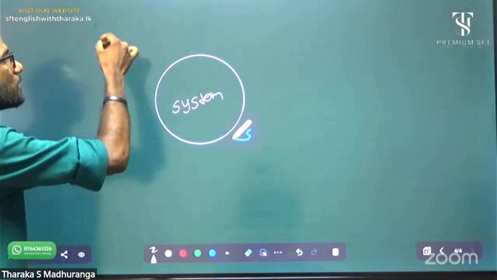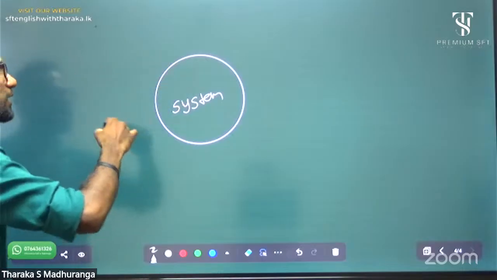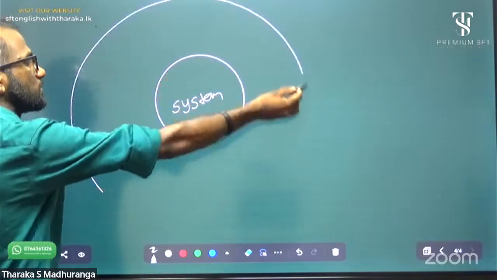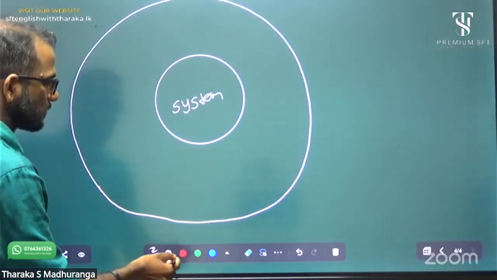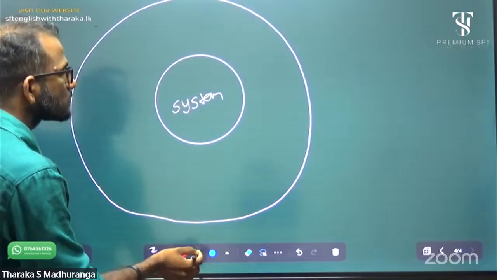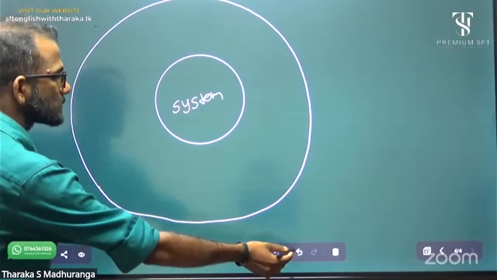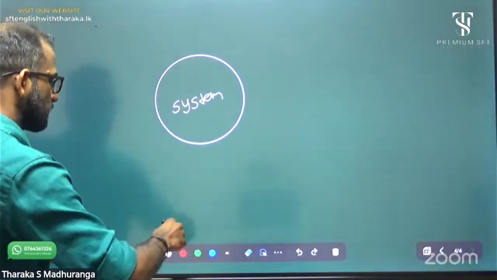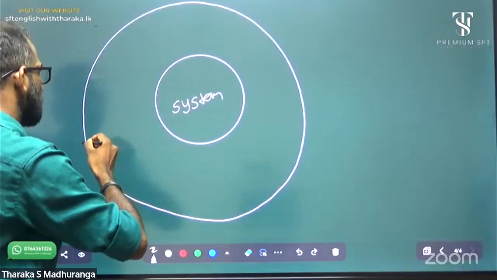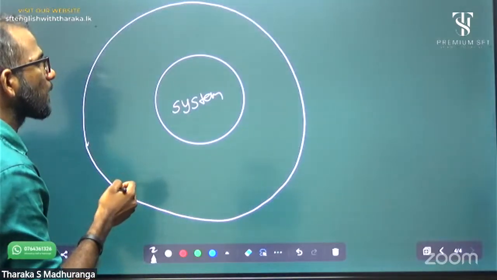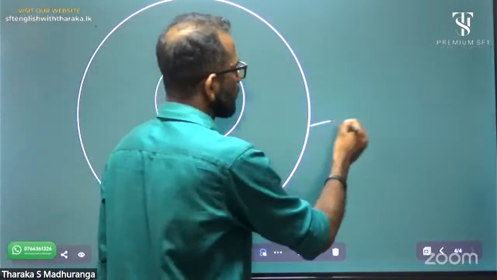The second thing: without the system, think of all the other area as the universe.